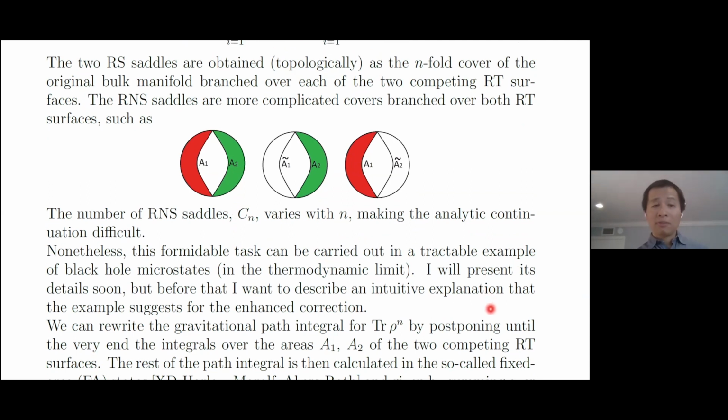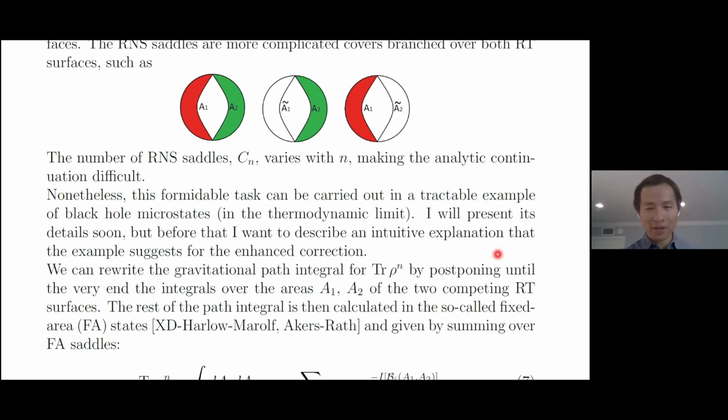Before I present the details of the example, I'd like to describe an intuitive argument for the enhanced correction. Of course, this explanation was motivated by the lessons we extract from the example, but it's good to see the story first before we go into too much technical detail. So the story is the following.